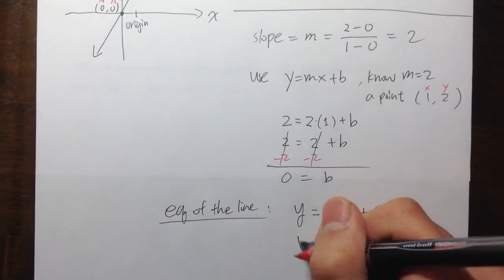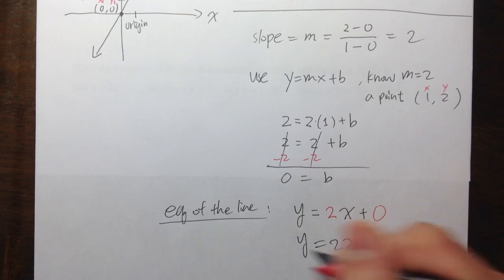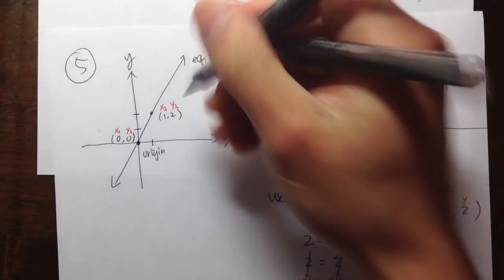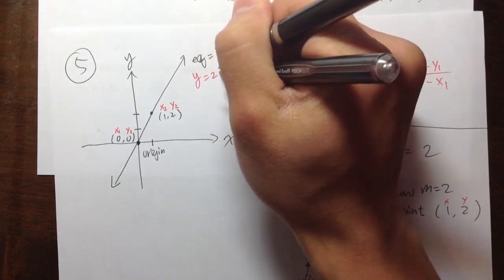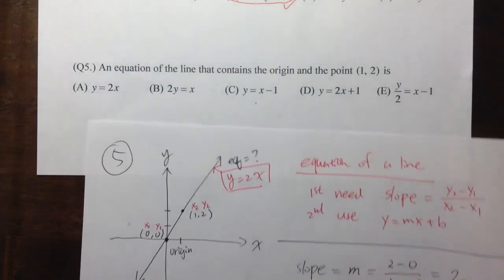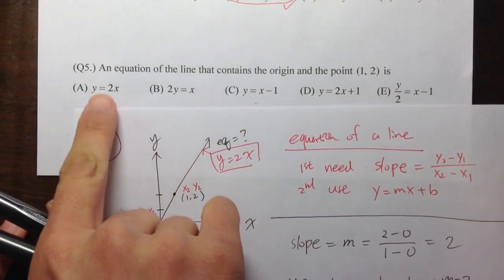So in other words, this is y = 2x. And that's the equation of this line: y = 2x. And that's answer choice A.